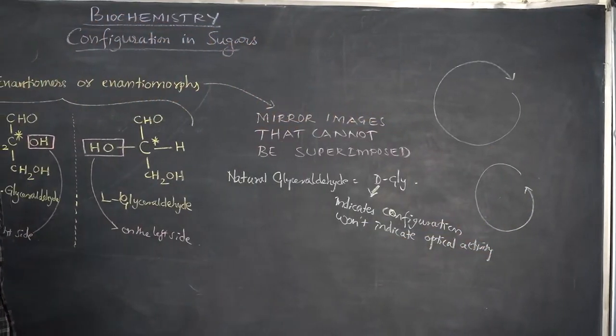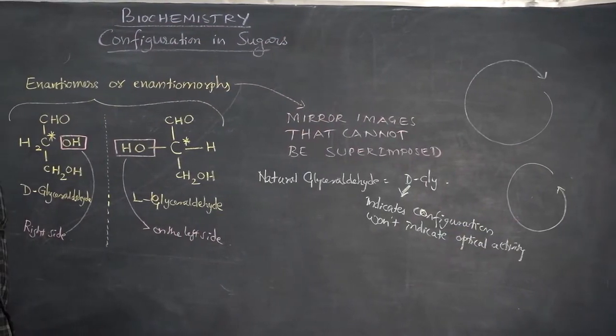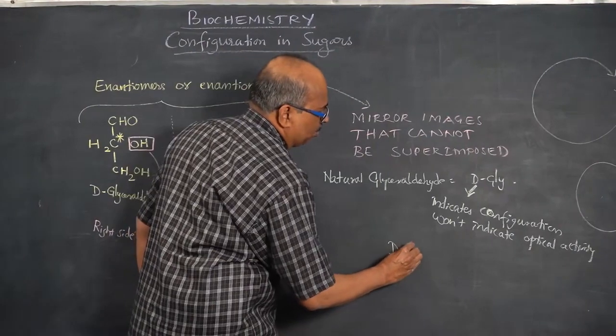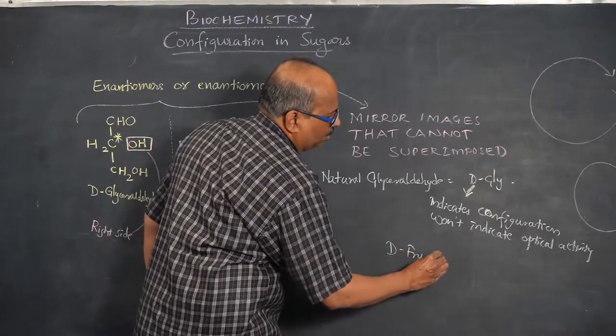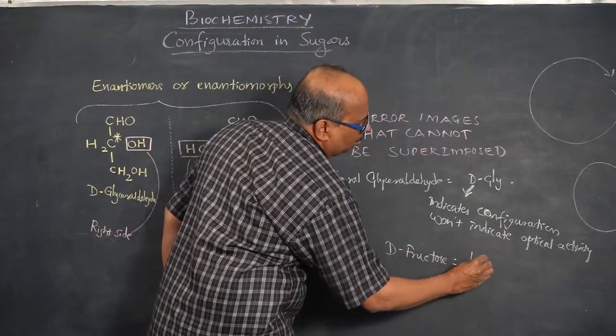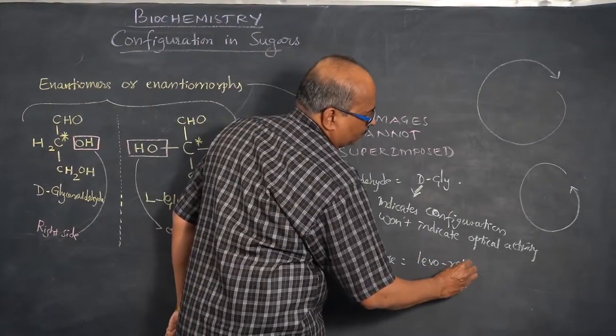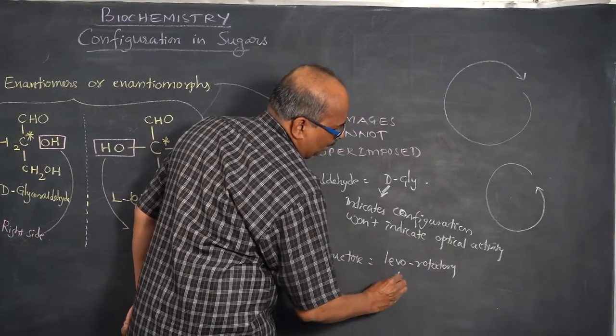That's why a compound may be D, but it may actually be levorotatory, and we have an example in D-fructose. D-fructose is levorotatory. It's called levulose.